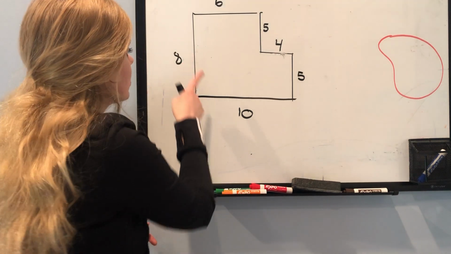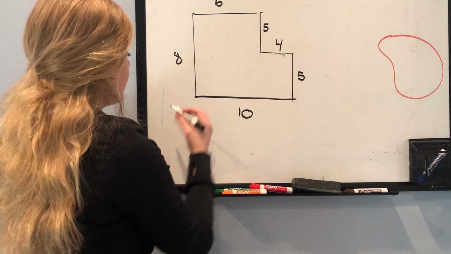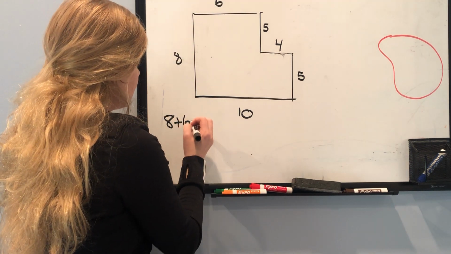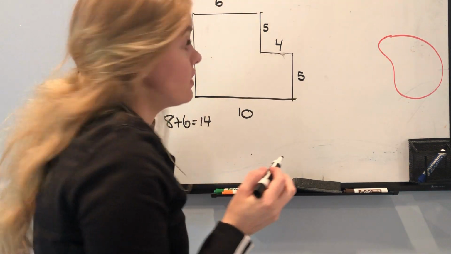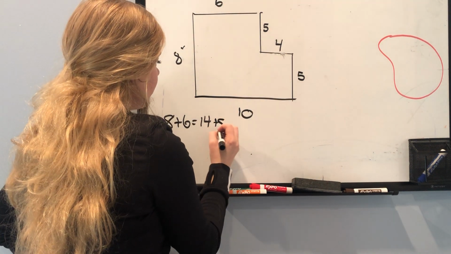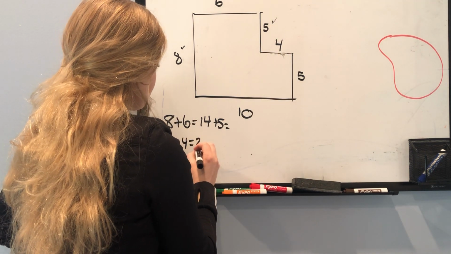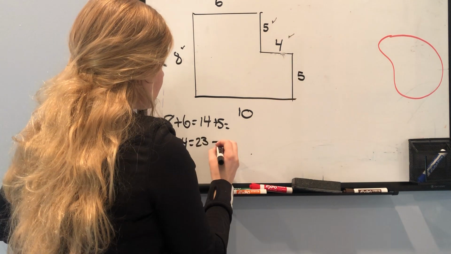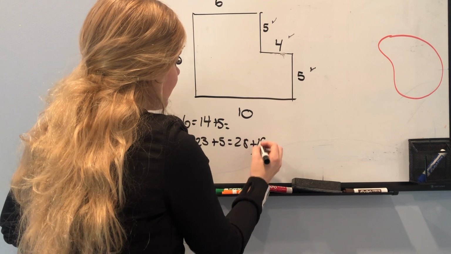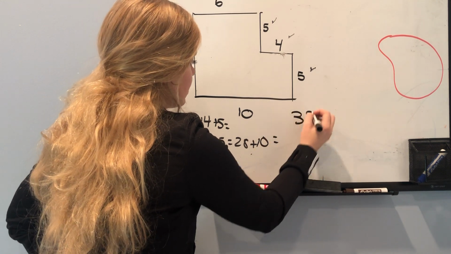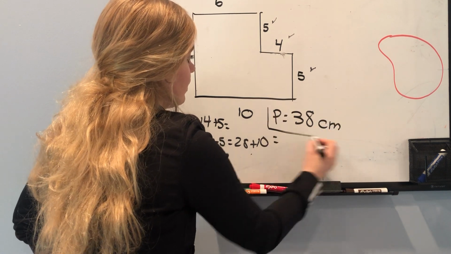Now it's a hexagon. So you're going to want to add 8 plus 6, which is 14. I'm going to check those off so I remember that I added them. Plus 5 is 19. Plus 4 is 23. Plus 5 is 28. Plus 10 is 38. So the perimeter would be 38 centimeters.